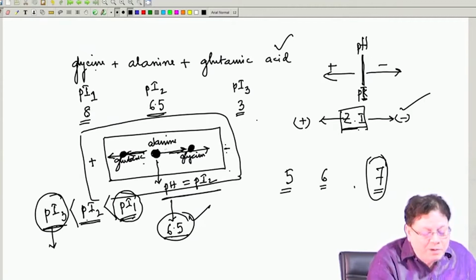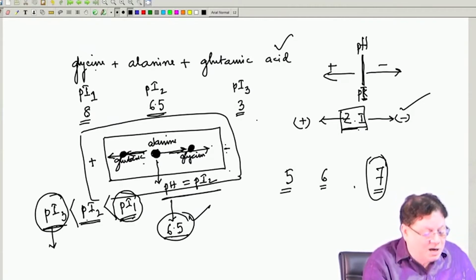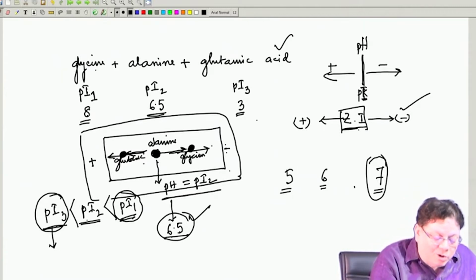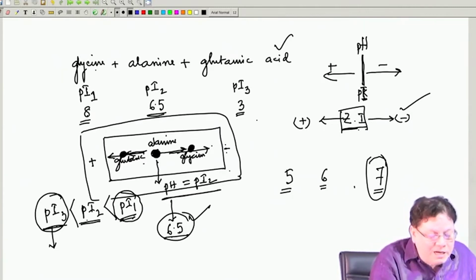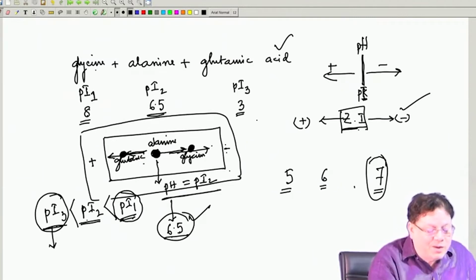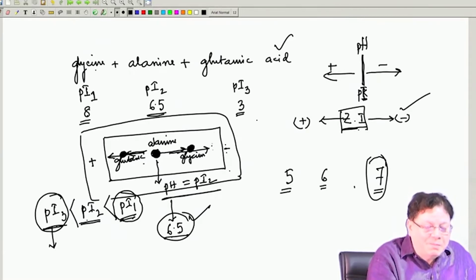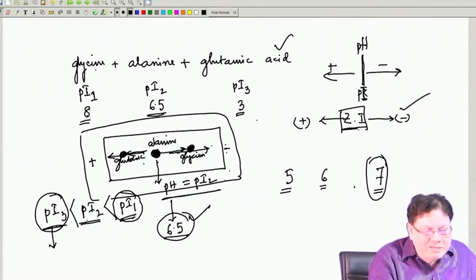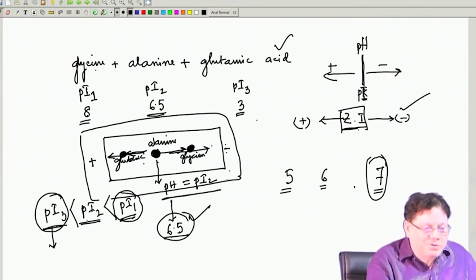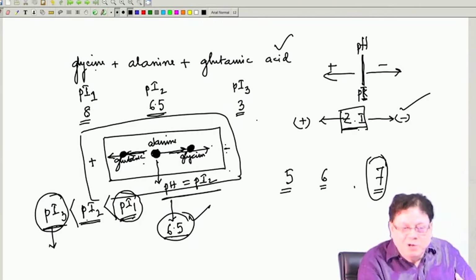See, when you have applied an electric field, there is a movement of the species because of the charge, but something is also dragging it behind. And what is the dragging force? The dragging force is the interaction of the molecule, that means in this case amino acids, with the matrix. The matrix, if it is a paper based matrix, will be cellulose, a carbohydrate which can form hydrogen bonded interactions with the amino acid side chains.